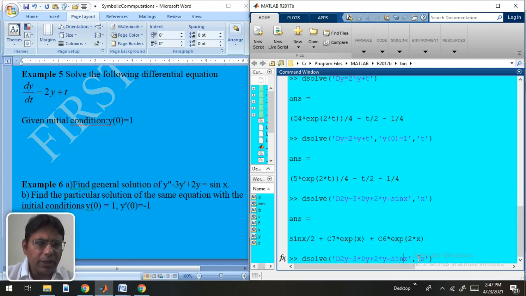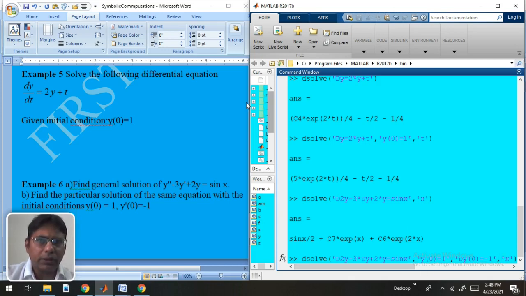Here we just insert the conditions: y of 0 is equal to 1, and Dy of 0 is equal to minus 1, separated by a comma.